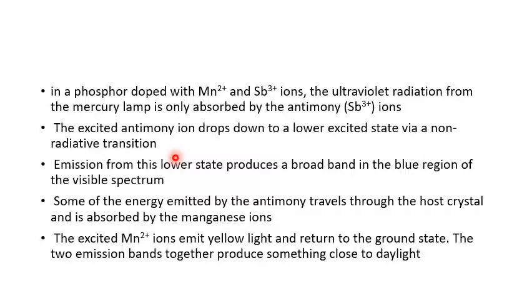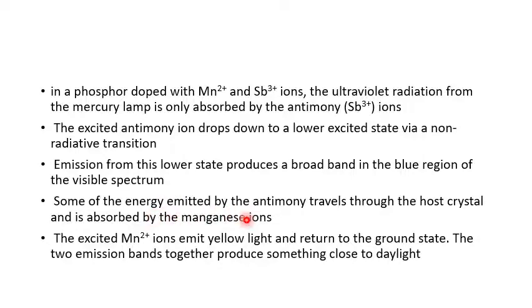From the very high excited state, they lose some of the energy in non-radiative transitions, such as collisions, and come down into a relatively lower excited state. From this lower excited state, when they come into the ground state, a visible light photon is emitted. The lower excited state produces a broad band in the blue region of the visible spectrum.